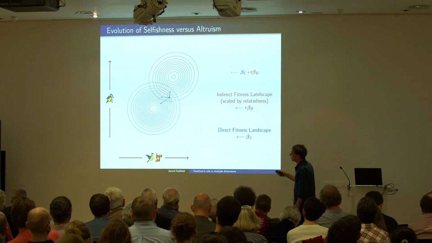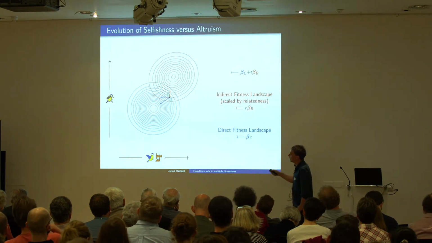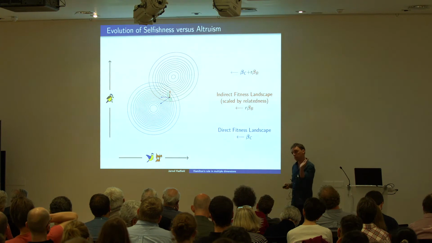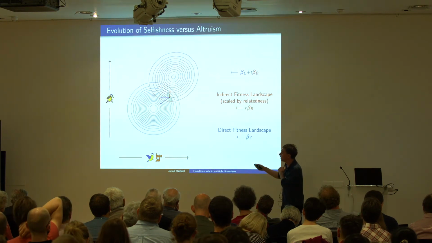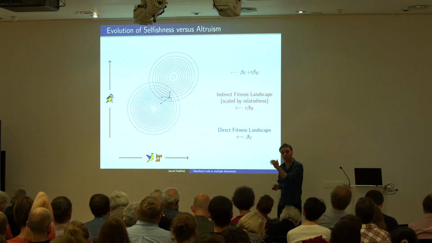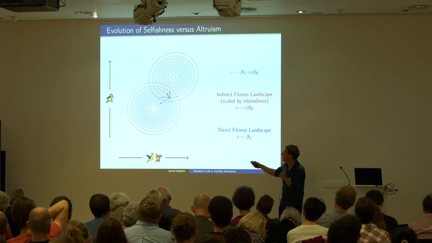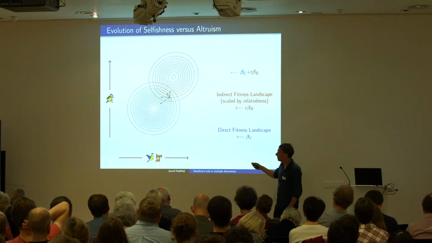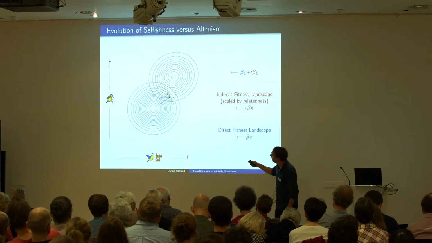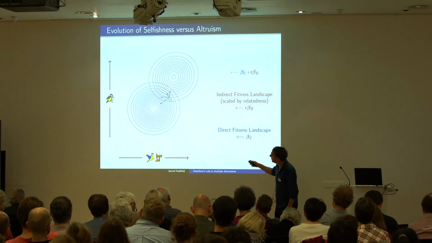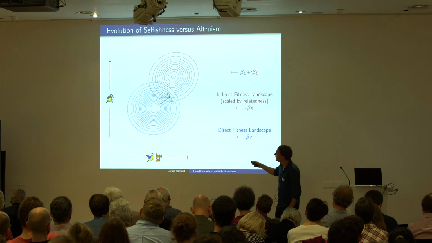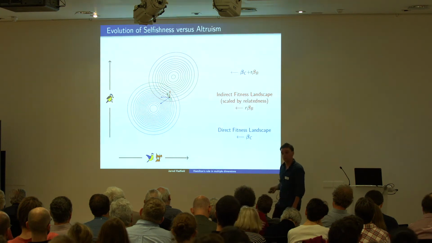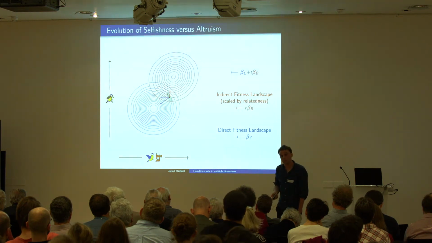If there were no genetic constraints, evolution would proceed along the purple vector, but because there's more genetic variation in this direction, evolutionary change is deflected towards the long axis of this ellipse. Okay? So now, rather than selfishness evolving, the traits are evolving in a way which is increasing indirect fitness. It's climbing up the red hill, but decreasing direct fitness. It's going down the blue hill.